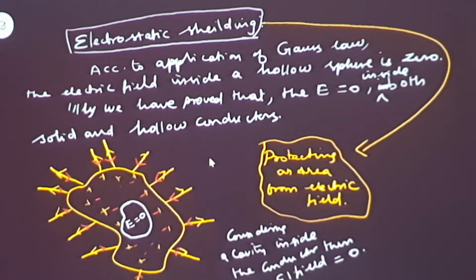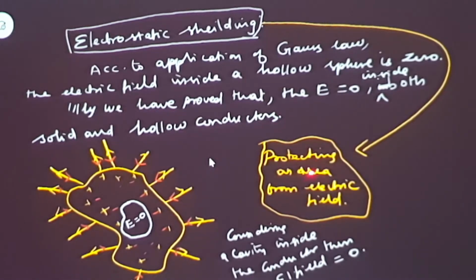Similarly, for conductors in electrostatic equilibrium, the electric field is zero inside both the solid as well as the hollow conductor. So what is electrostatic shielding? I have written it in this box: protecting an area from electric field. Inside that area, the electric field should not act.